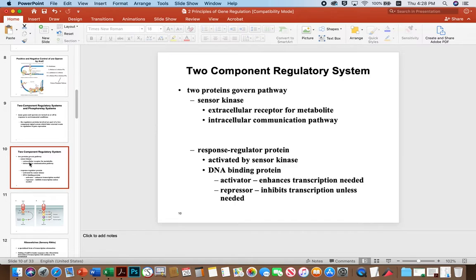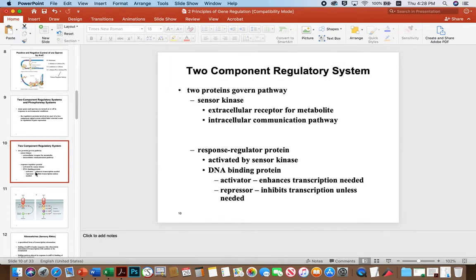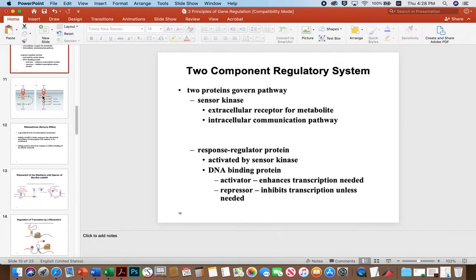There's a periplasmic component that's looking for signals from the environment. And when it finds those signals, it feeds that information to a response regulator protein.